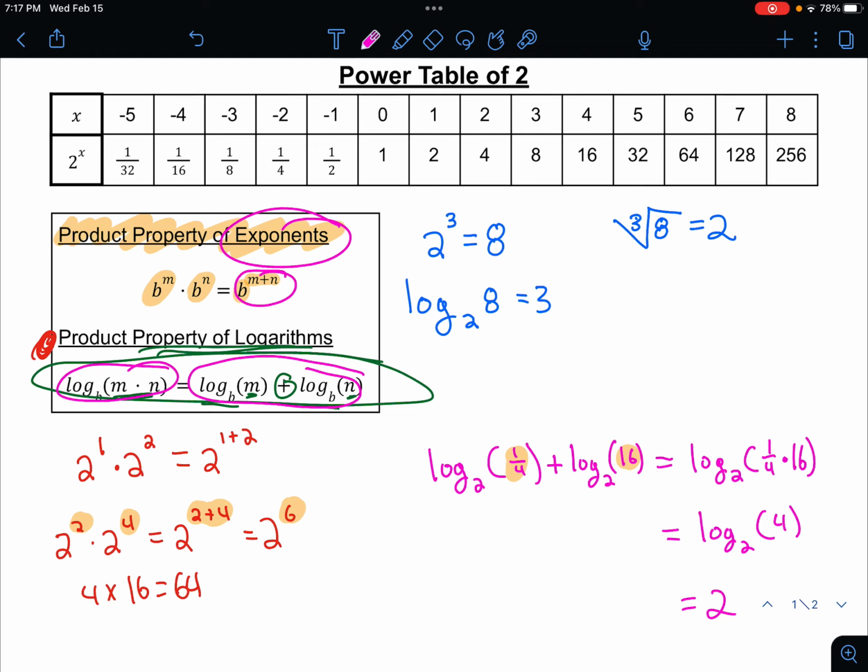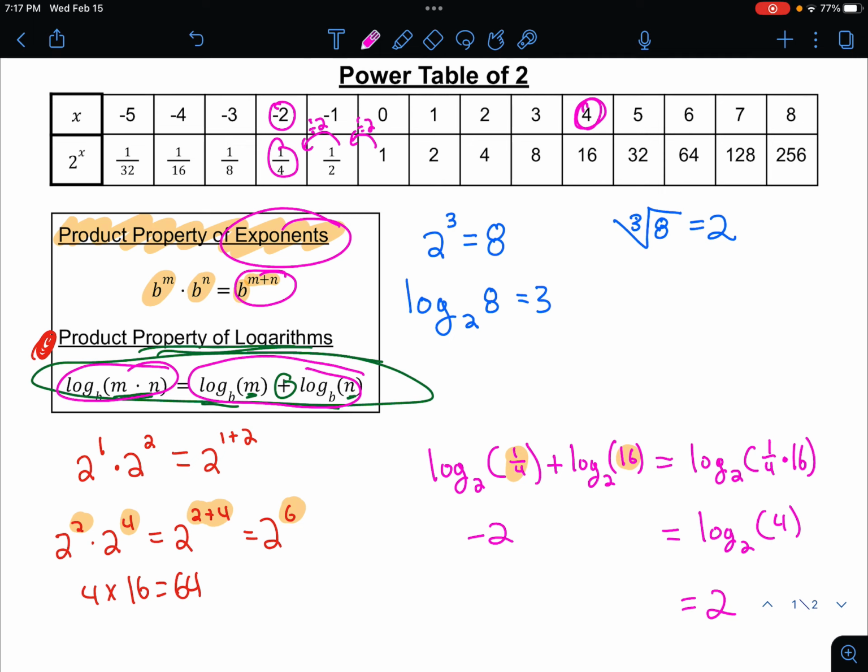And so that's easy enough to see because we could say log base 2 of 1/4 is -2. We need to do -2 multiplications, or realistically 2 divisions, right? We're dividing by 2 twice to get to 1/4. And then log base 2 of 16 represents 4 multiplications of 2.